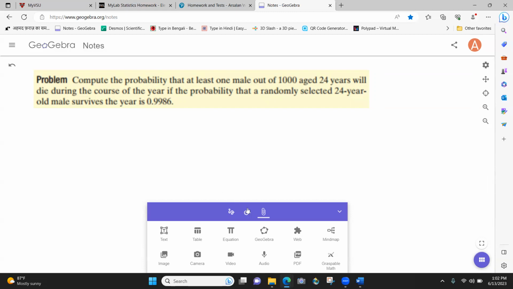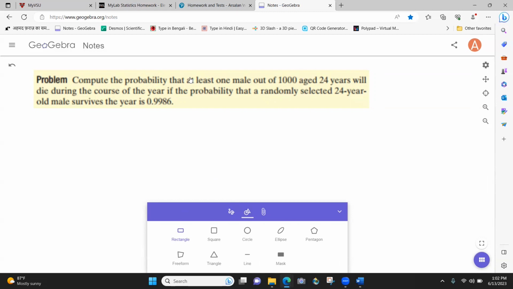Whenever you see this expression, at least, in a math problem, especially in probability, stay extra alert. At least one means one or more. So compute the probability of at least one male out of 1,000. One male could die, two males could die, three, four. You have to add all those things. It's very tedious, very tedious.